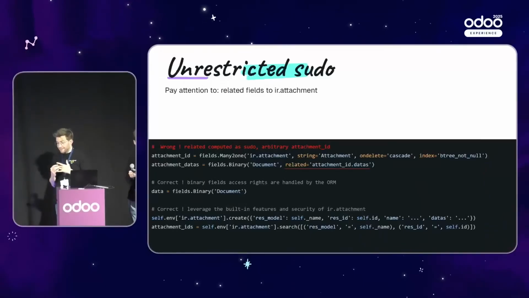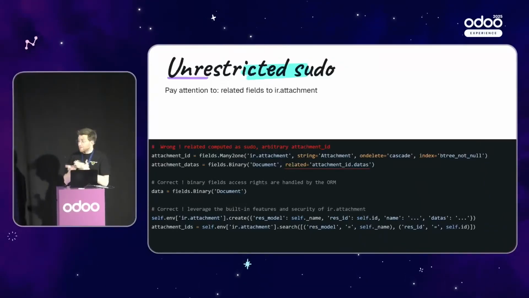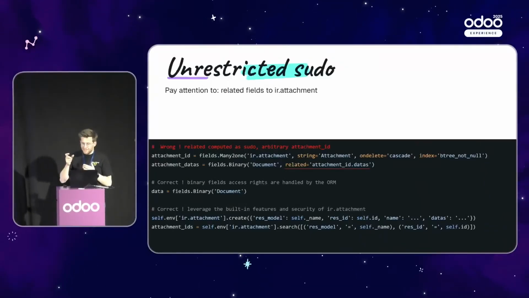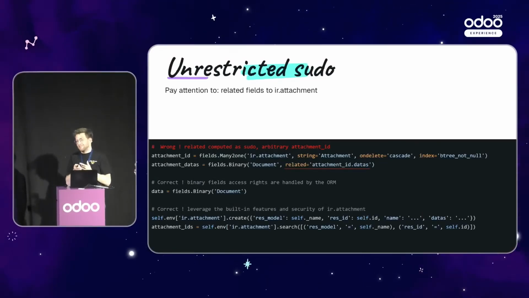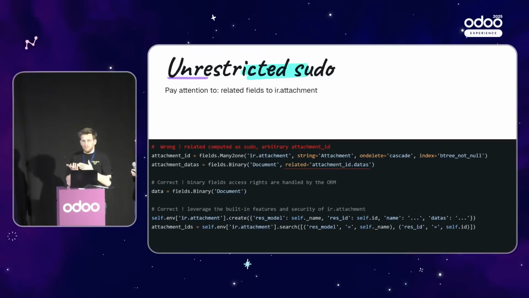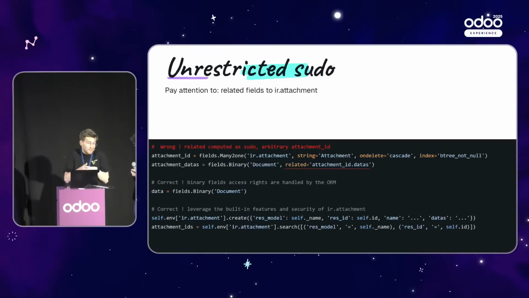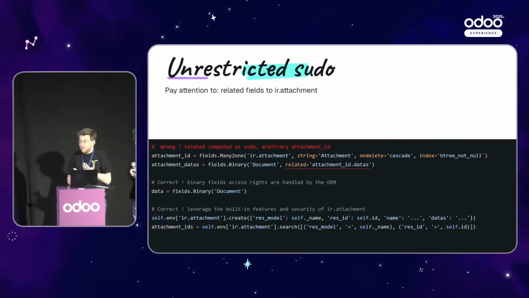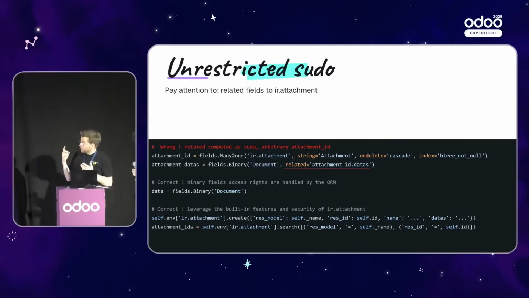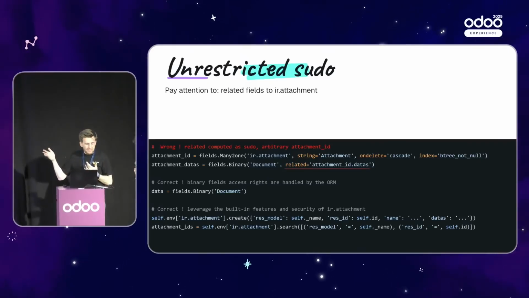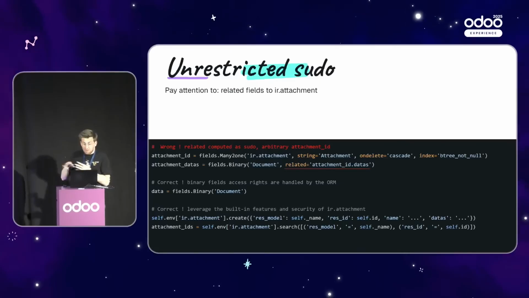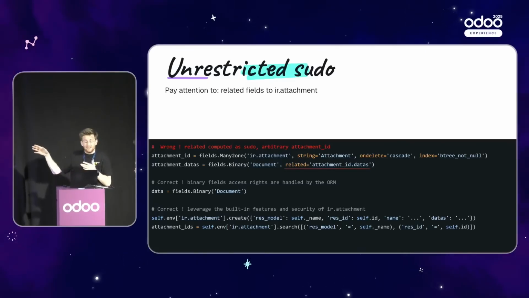The thing is that with attachment, by definition in the model, if you have a look at the model, it contains res_model and res_id. So you don't really need that many2one in the first place, because if you need an attachment attached to your model, it's a bit the definition of an attachment in Odoo. Instead of a many2one to attachment, what I would recommend is to use a binary field without that related, because it would create an attachment by default, but it would handle the access rights correctly for you.